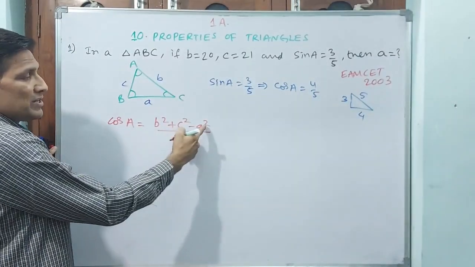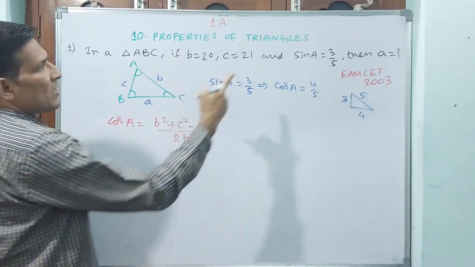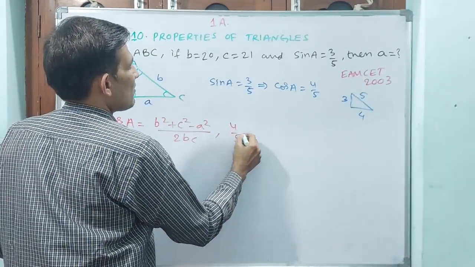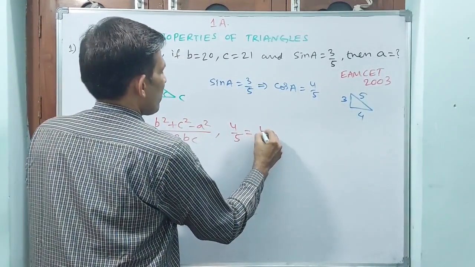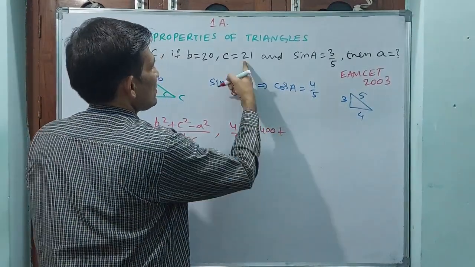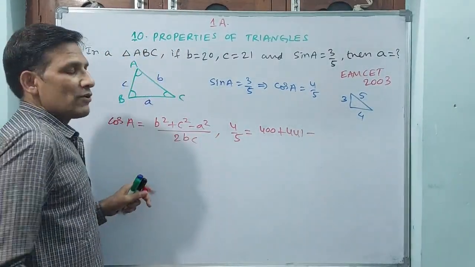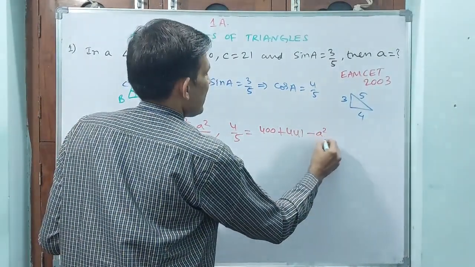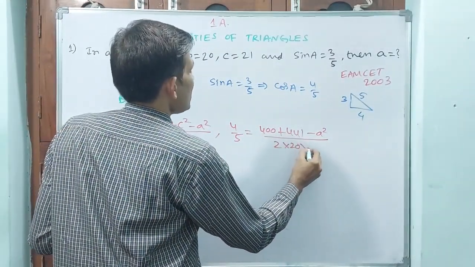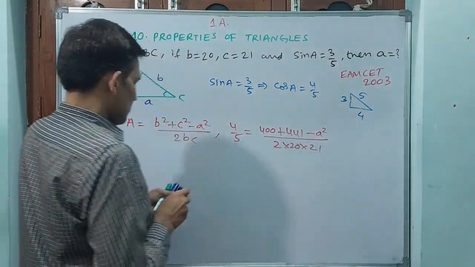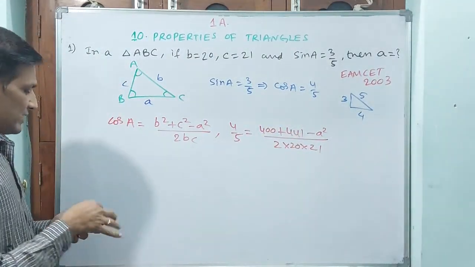Cos A they have given, 4 by 5 is equal to b square 20 square 400, c square 21 square 441 minus a square, you don't know, right? Only a square, divided by 2bc, 2 into 20 into 21. Except a, remaining all values you know. Then you can find a value.